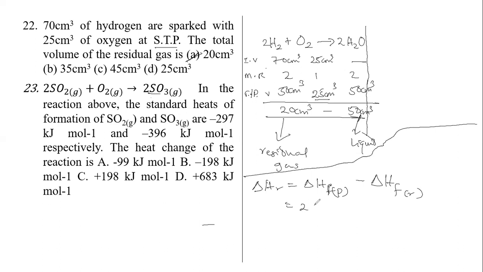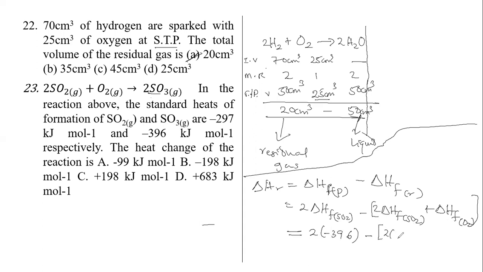So it's going to be 2 times the enthalpy of formation of SO3 minus the enthalpy of formation of SO2, multiplied by 2 because that's 2 moles, plus the enthalpy of formation of oxygen, because O2 and SO2 are the reactants. So therefore, we're going to have 2 into minus 396 minus 2 into this one, which is minus 297.